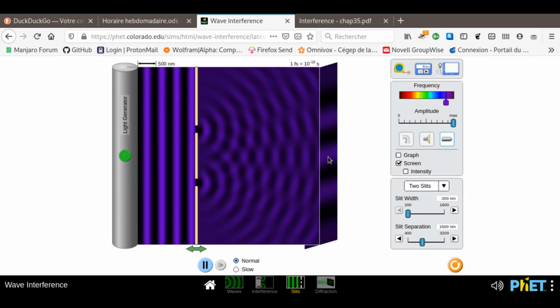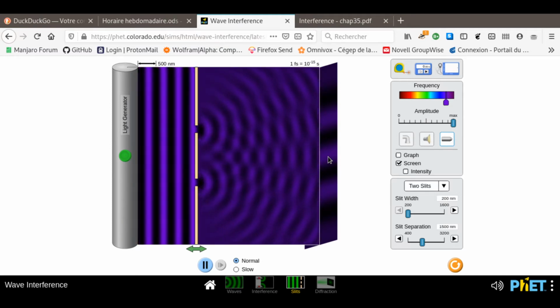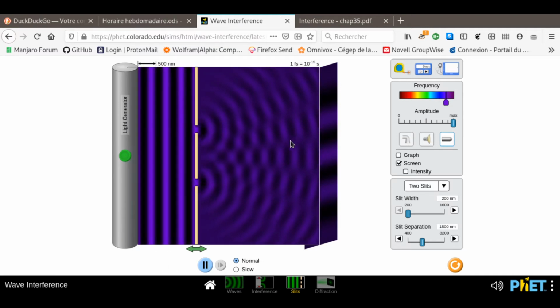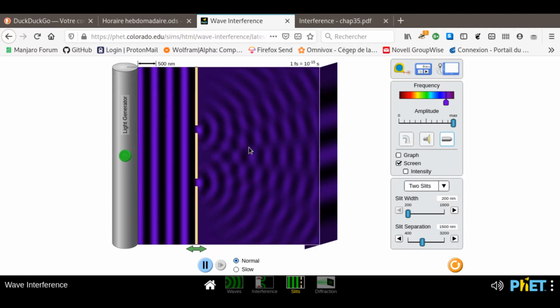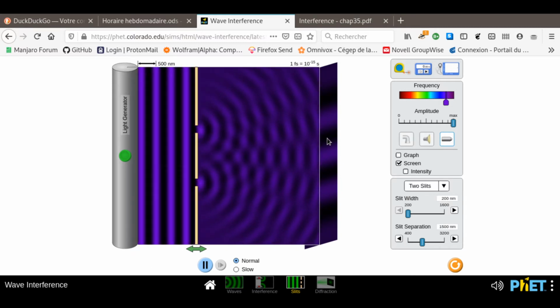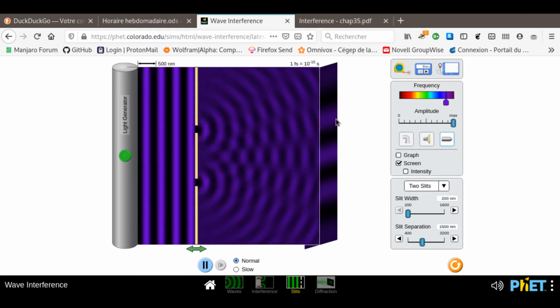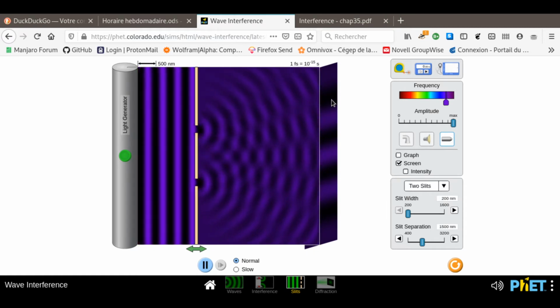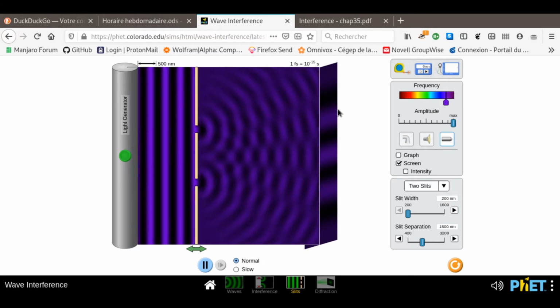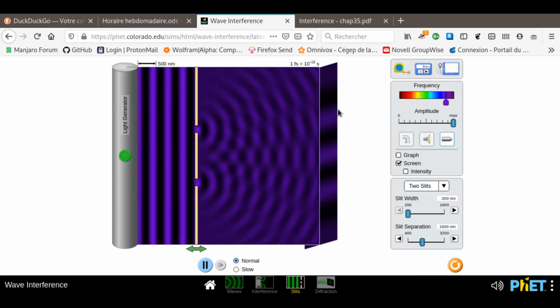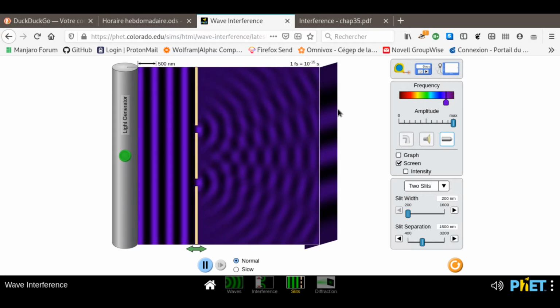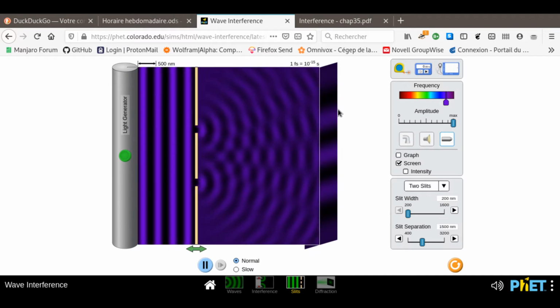If we go where the wave is heading, this is where we ended up with a bright fringe. Here we had destructive interference. And if we go towards the right, we had a dark fringe.